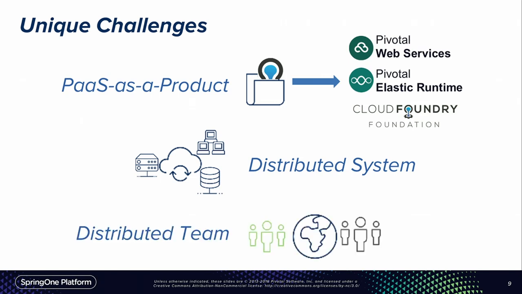And it's a distributed team. Cloud Foundry currently consists of about 40 or more teams across at least 7 time zones and 8 different companies contributing to it. Around 15% of the contributions to the open source Cloud Foundry are not even Pivotal.